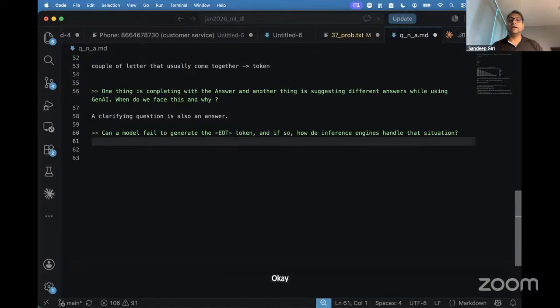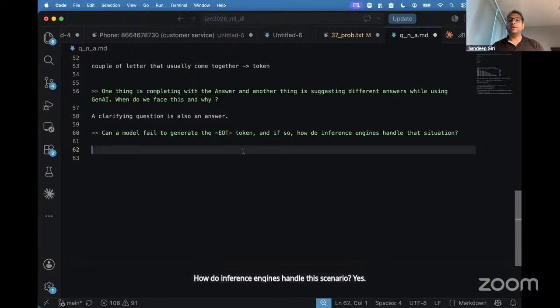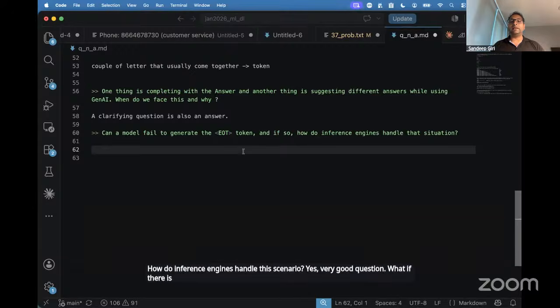Okay, there's a question from Rahul. Can a model fail to generate the end of text token? And if so, how do inference engines handle this scenario? Yes, very good question. What if a model fails to produce the end of text token?